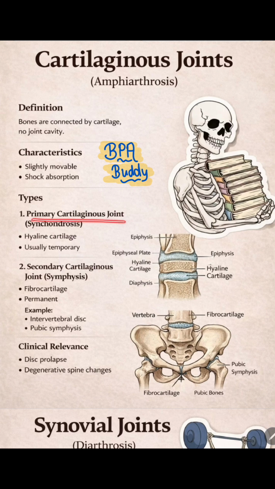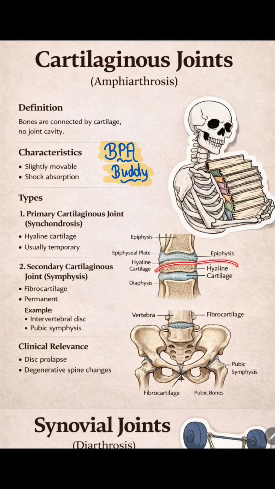First is the primary cartilaginous joint, then the secondary cartilaginous joint. The primary cartilaginous joint has hyaline cartilage, which is usually temporary, and the secondary cartilaginous joint has fibrocartilage and is permanent. Examples of secondary cartilaginous joints are the intervertebral disc and pubic symphysis.